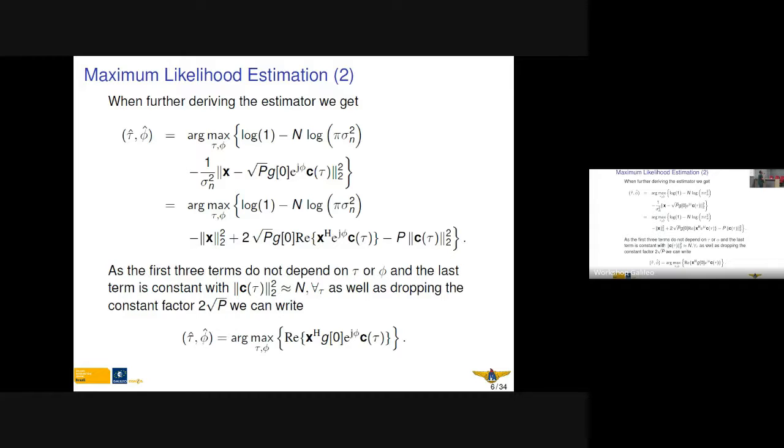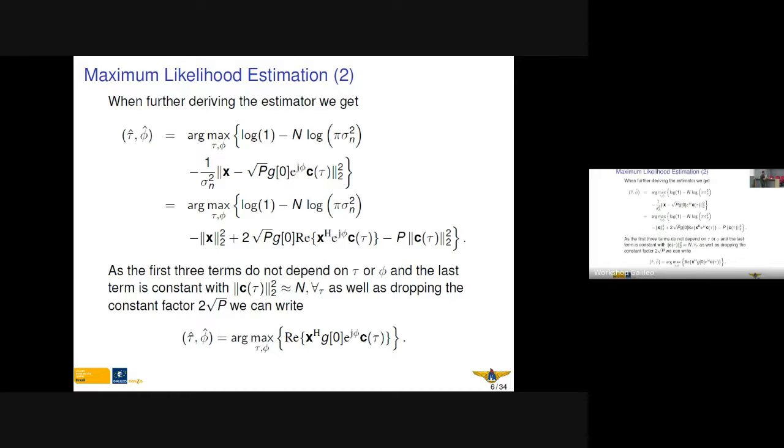So we can drop them, and we can assume, as we did before, that the L2 norm square of the sampled PR sequence C is approximately n, as well as we can also drop the factor 2 square root of p, and then we end up with maximizing over the real part of x, g of 0, the exponential function with the argument j phi, and the sample delayed version of the PR sequence.